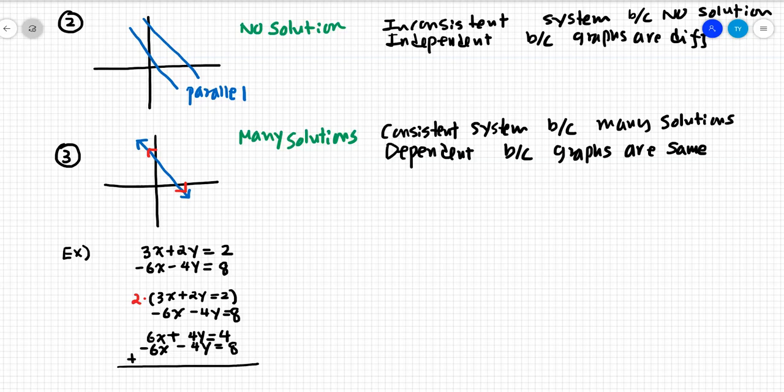You notice the minus 6x and 6x go away, 4y and minus 4y go away, and 0 plus 0 you get 0. On the right hand side, 4 plus 8, you get 12. But this is false. Why? 0 cannot be equal to 12. So this one has no solution.